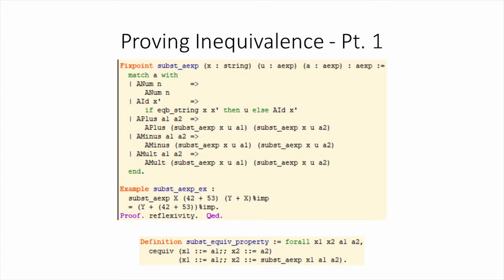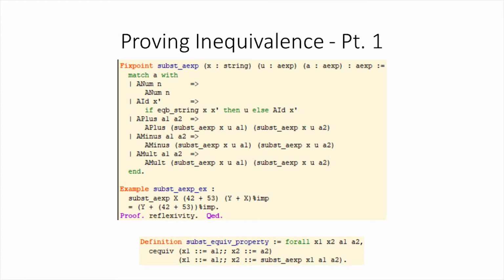So in the example, we have the SUBST AEXP X of 42 plus 53, and then Y plus X, and we show that it is equivalent to Y plus 42 plus 53.